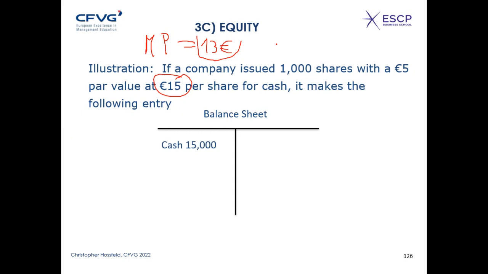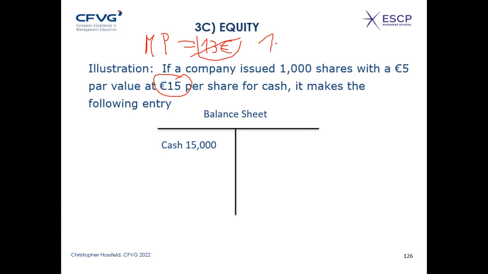In the end, I want cash of 15,000. So if I propose a selling price that is higher than the market price, not many people will buy the new shares. That means probably I will not reach the 15,000. Therefore, when the market price is 13, an issuing price of 15 is not a good idea.